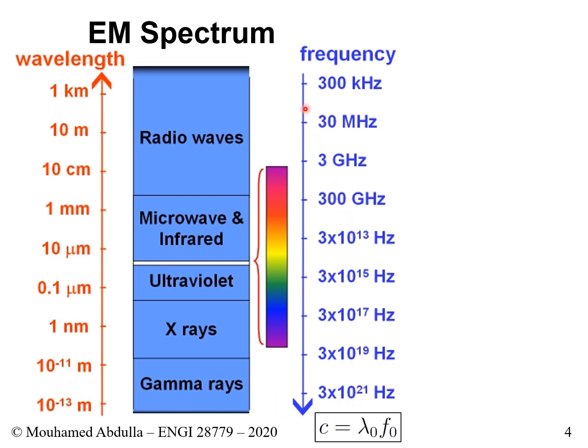This is the spectrum, and it is divided into different categorizations. Here you have the radio wave, the microwave, the visible light, what we're able to see, ultraviolet, X-ray, gamma ray, and so on.